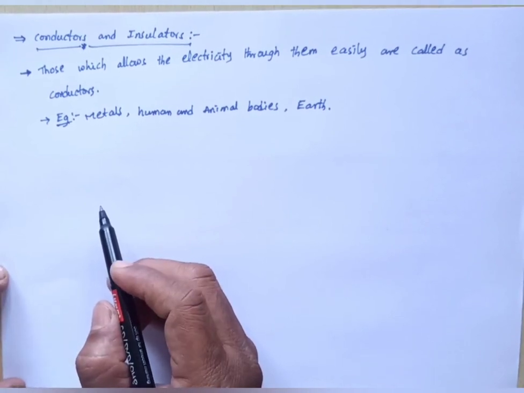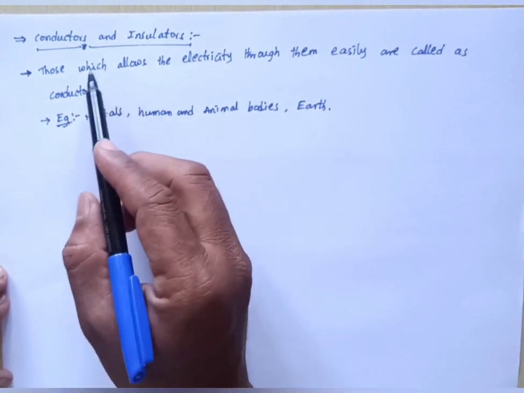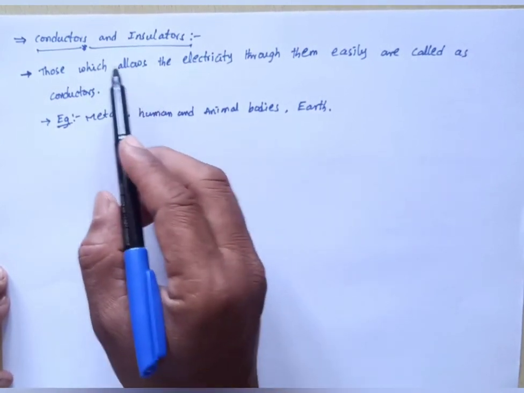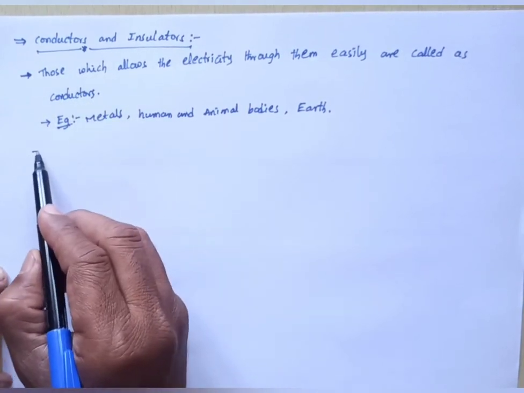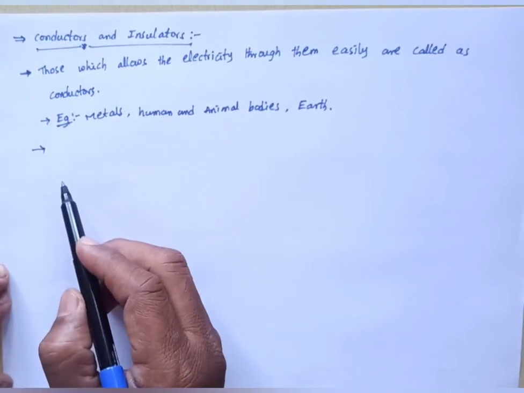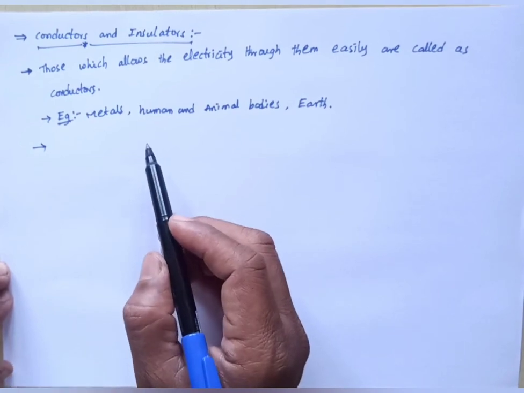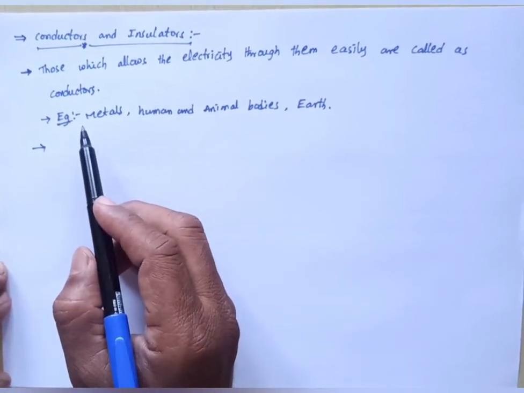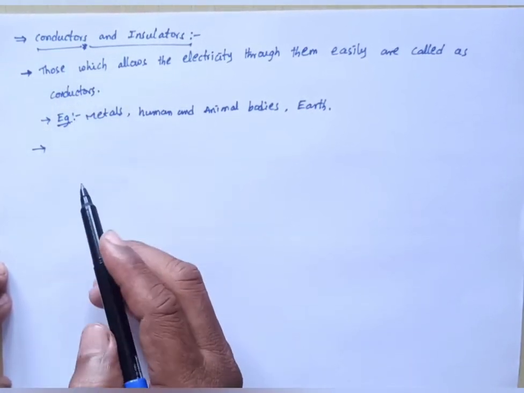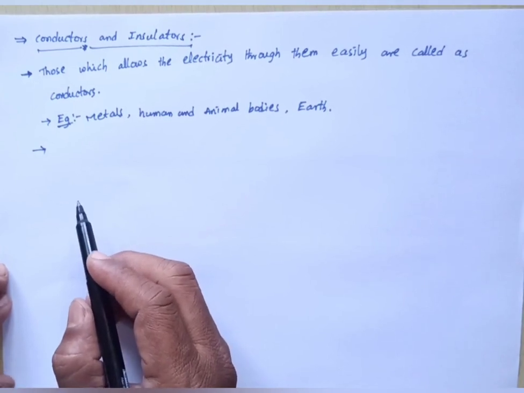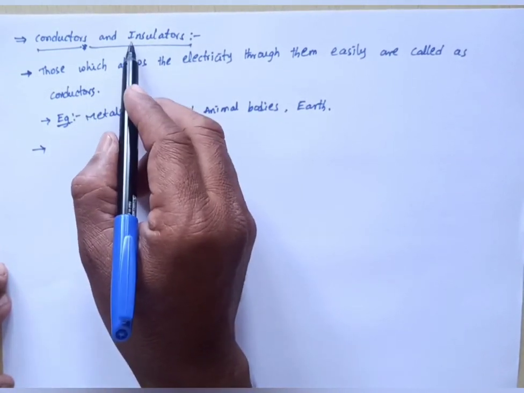They have electric charges that are comparatively free to move inside the material. These conductors allow electric charges, electrons, to pass through them, so they are called conductors.